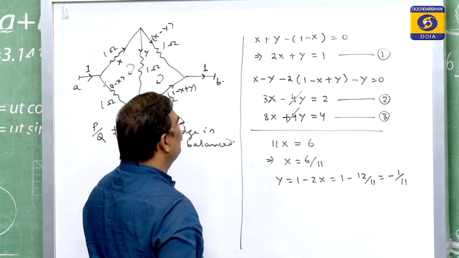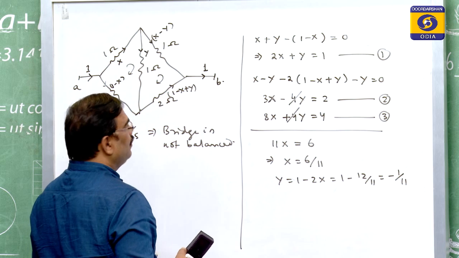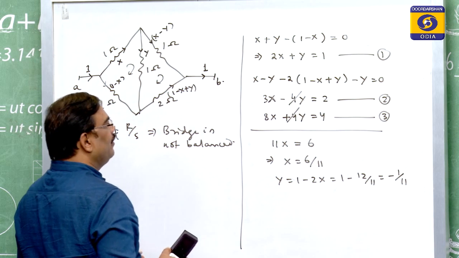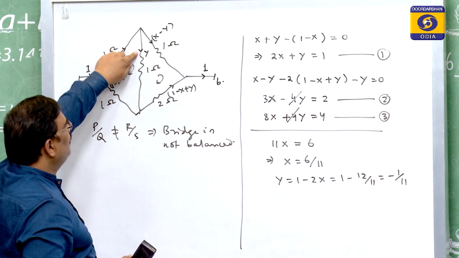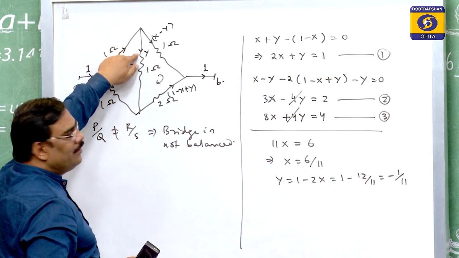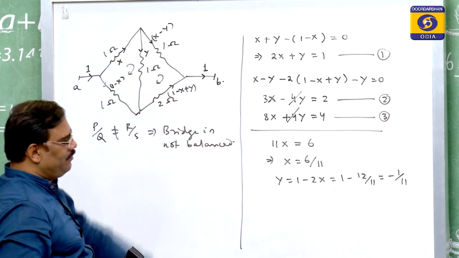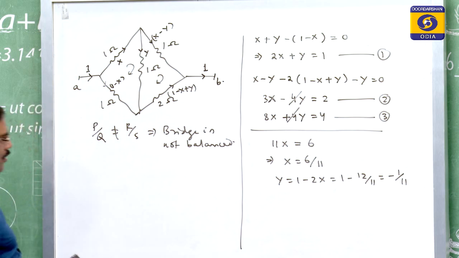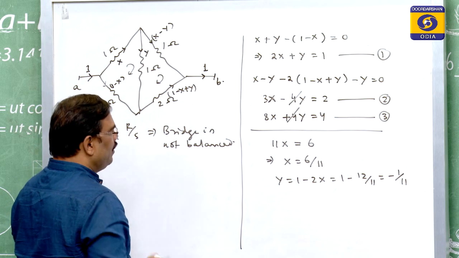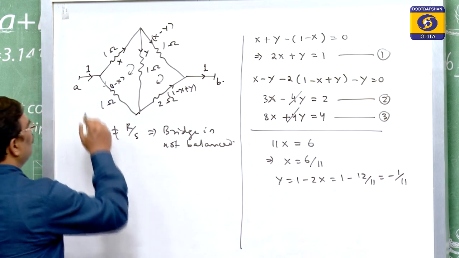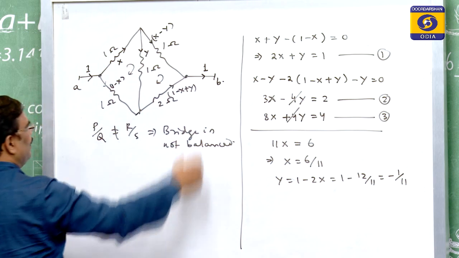So, Y is 1 minus 2X, so it is minus 1 by 11. The negative sign indicates that the direction in which we have taken the current Y is actually reversed, because the current is actually flowing in the opposite direction. So, nothing more. Now, knowing the values of X and Y, let us find the potential difference between A and B and also the effective resistance.